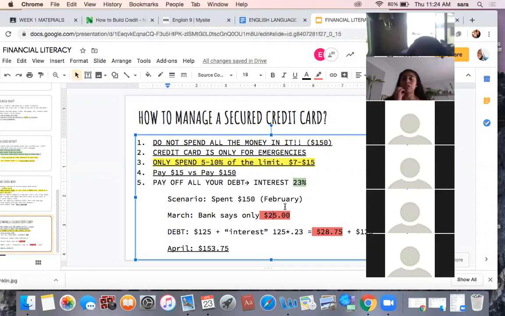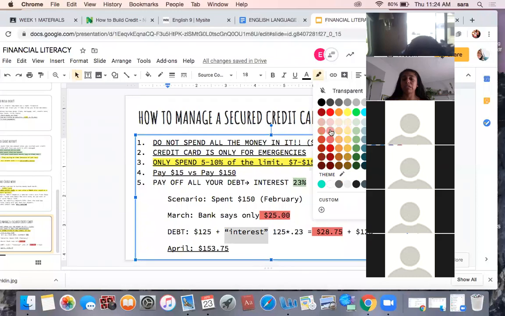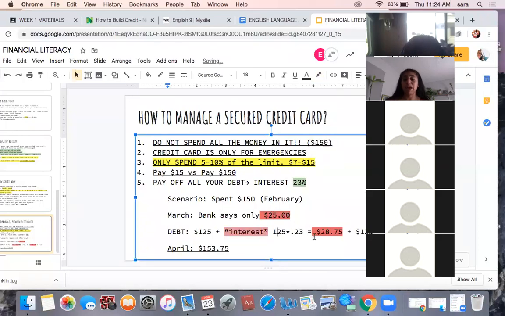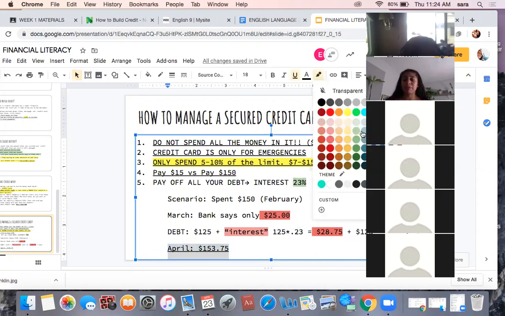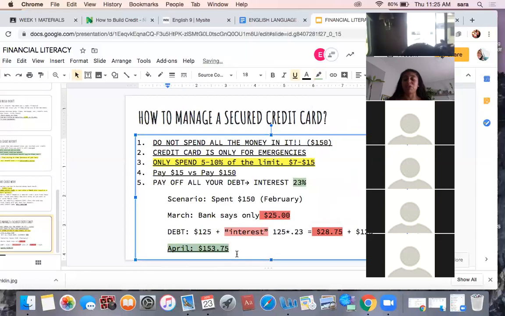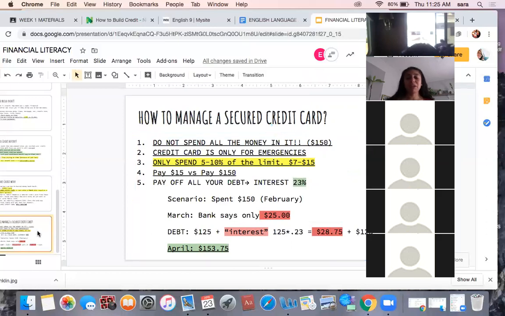She pays only $25, and now this magical number called interest kicks in. And we did the math for it at her percentage with her debt. And this is what the bank is earning in return. So now, come April, the bank has a new number for you. You don't owe them $125. You owe them $150, and you gotta pay, or else. That's how it works, okay? All right, so I'm gonna stop right there.